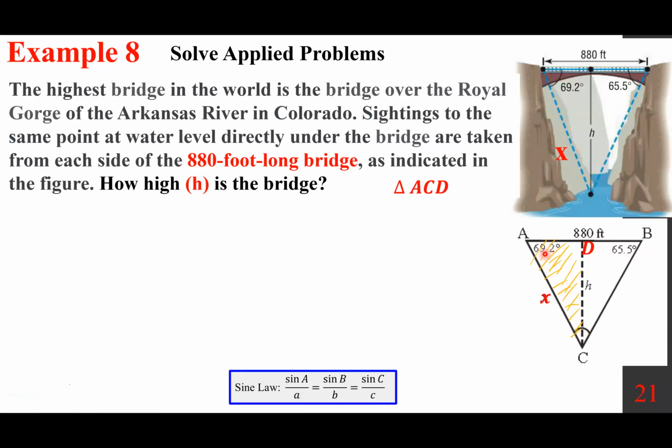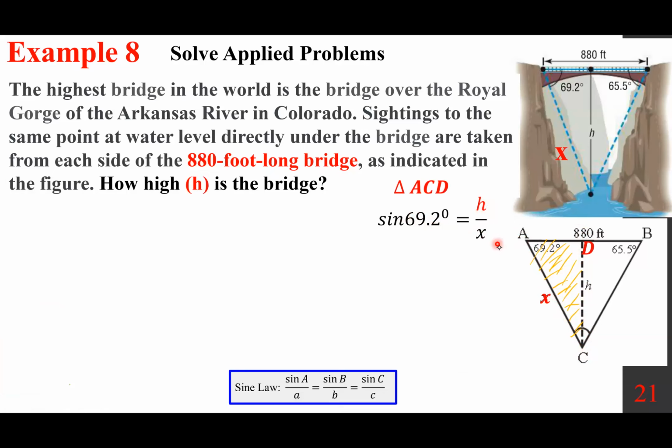Sine of 69.2 degrees is the opposite h over the hypotenuse x, and therefore h is the product of these two, the cross product.